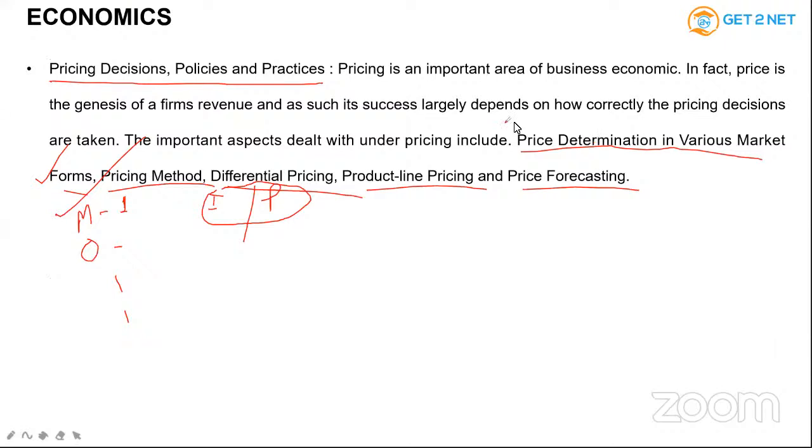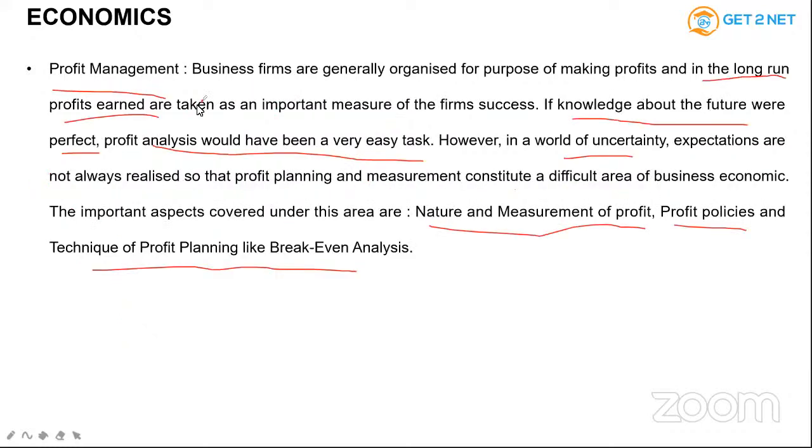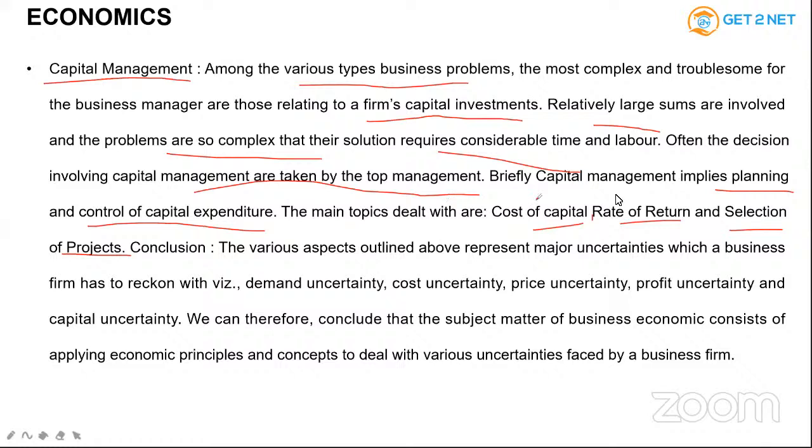Under pricing decision, we have pricing under different market forms, pricing method, differential pricing, product line pricing, price forecasting. In profit management, we have break-even analysis, nature and measurement of profit, and profit policies. And under capital management, you have cost of capital, rate of return, selection of projects.